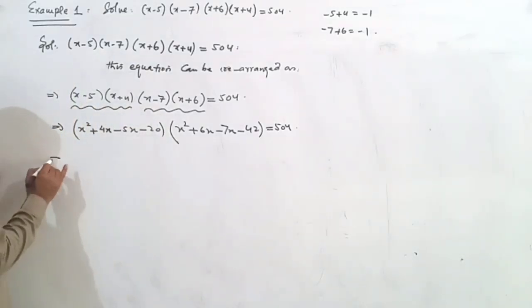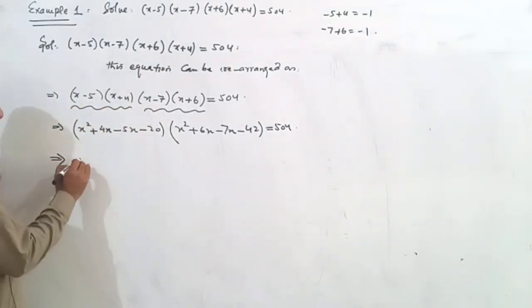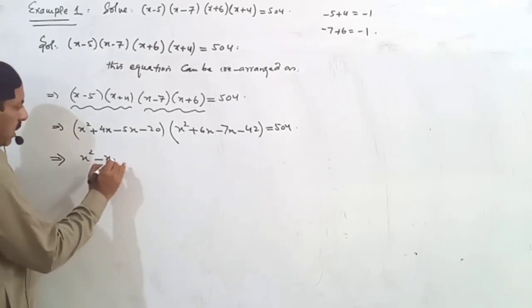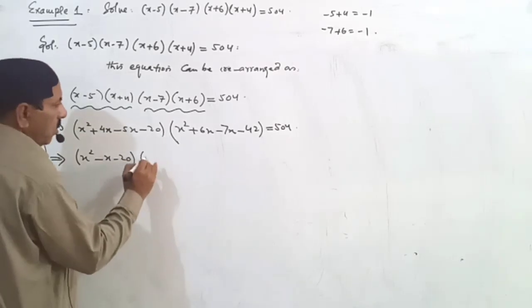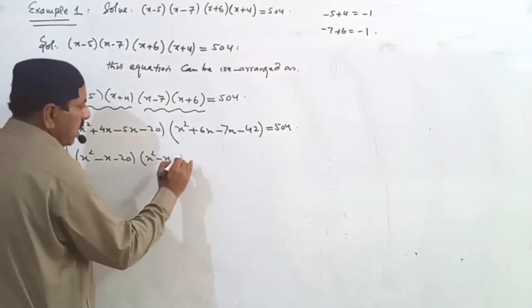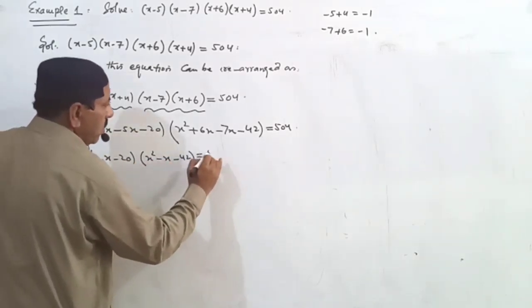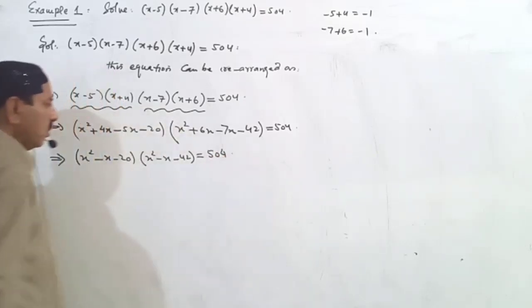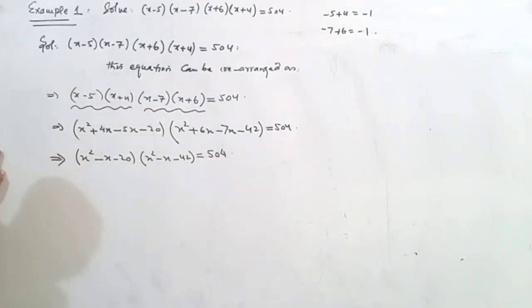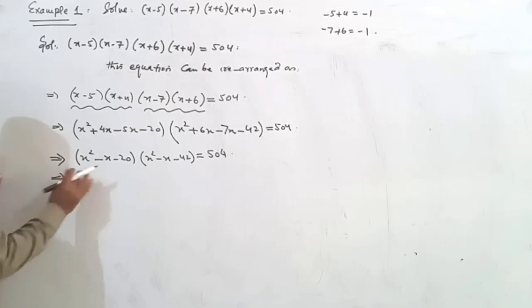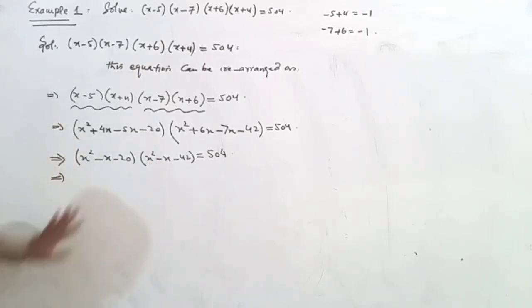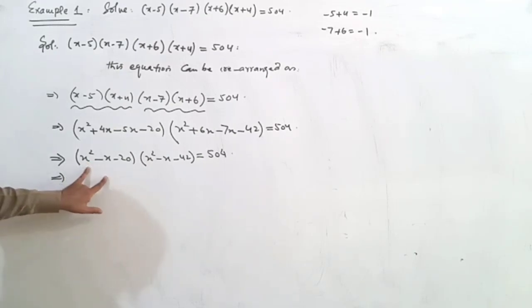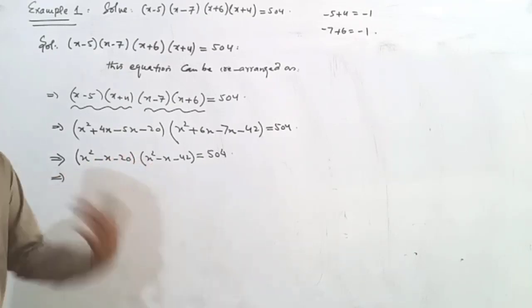Now, this will be x square minus x minus 20 and also x square minus x minus 42 is equal to 504. So, x square minus x, x square minus x, two terms of the expressions are the same.